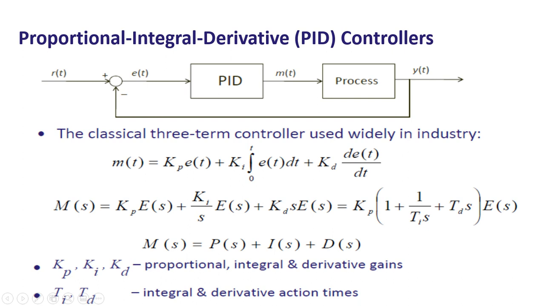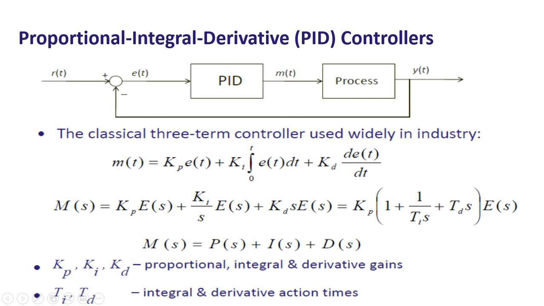First one we denote by P of s, which includes Kp times E of s. Similarly, the integral includes Ki divided by s times E of s, known as I of s. Similarly, the last one is D of s. Now this gain Kp is known as the proportional gain. The gain that is multiplied with the integral is known as the integral gain, and the gain that is multiplied with the derivative is known as the derivative gain.